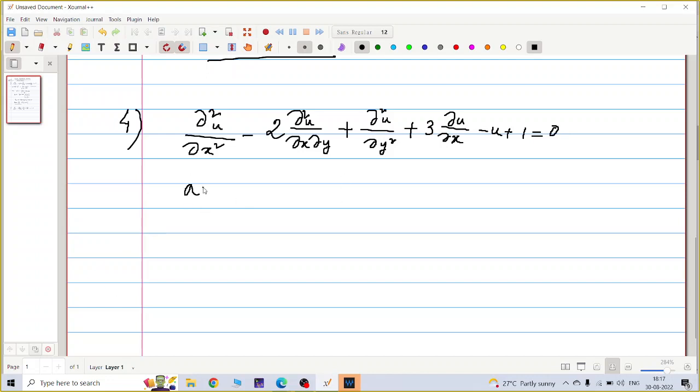I will write A, B, C. Yes, sir. Good. So B is minus 1, what is B square minus AC in that case? 1 minus 1 into 1. So if B square minus AC is 0, then the equation is of which type?